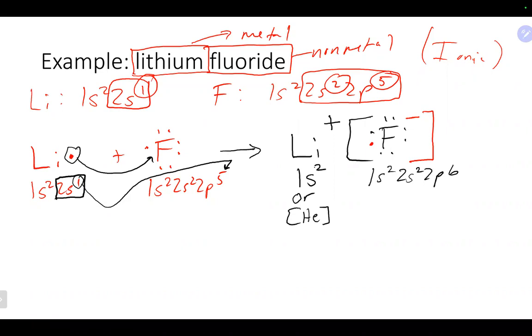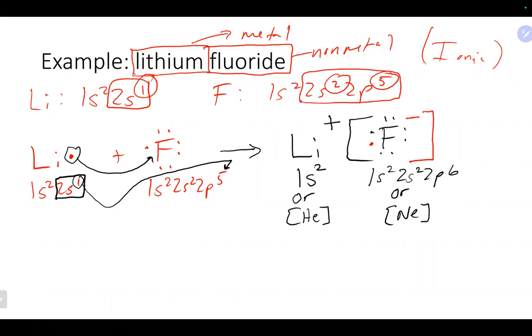When we look at what happened with the fluoride, it now has 10 electrons, and on the periodic table, number 10 is neon, which is also a noble gas. So by fluorine picking up that electron, it allows fluorine to go 1 more place to the right and achieve the same electron configuration as neon.